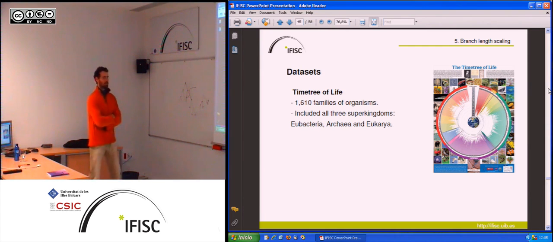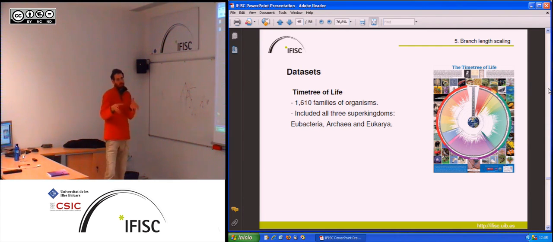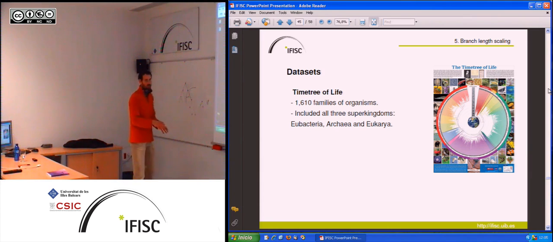Well, the problem is that the duplication of the whole genome is a punctual mutation event. So in our trees, this is only one node. So it doesn't explain the average pattern, and this would be related with a certain subtree of the phylogenetic tree.